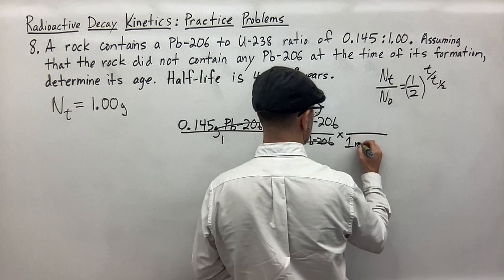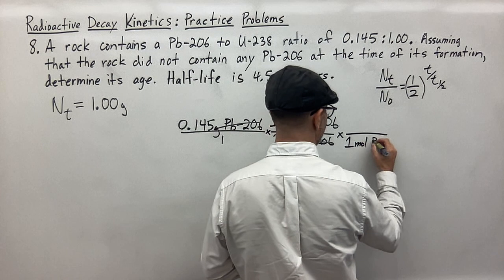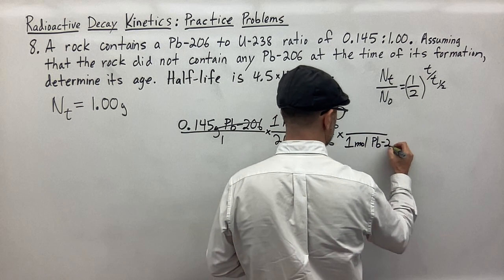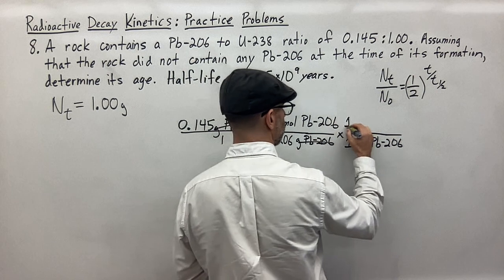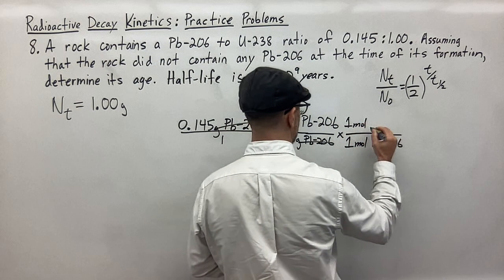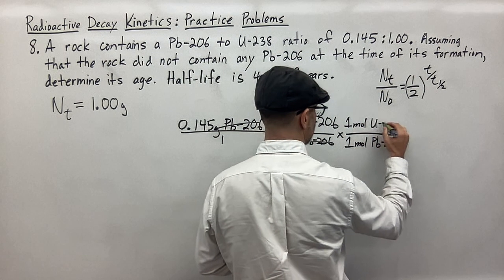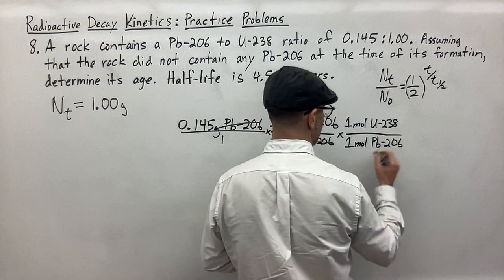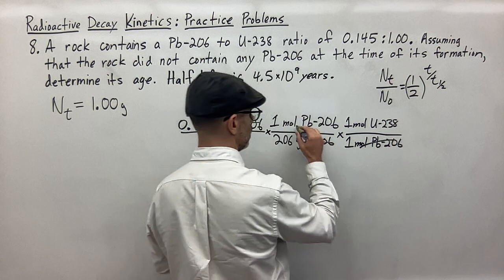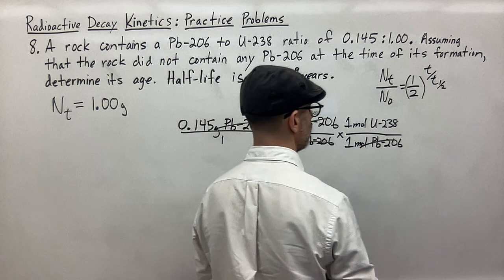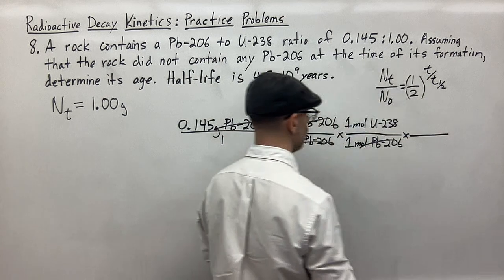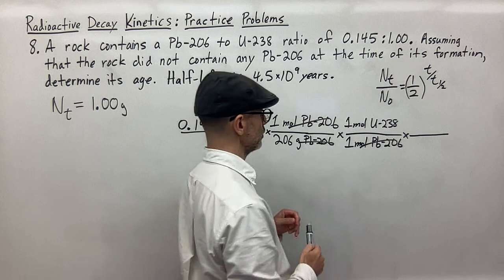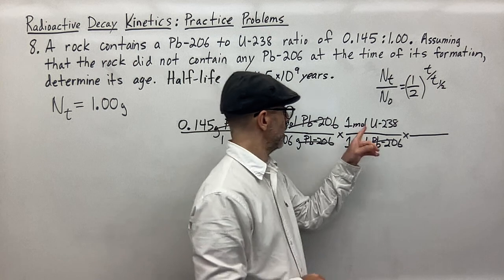So I put 1 mole of lead 206 on the bottom and 1 mole of uranium-238 on top. So the moles of lead-206 cancel out. And finally, I can use the molar mass of uranium-238 to convert to grams.